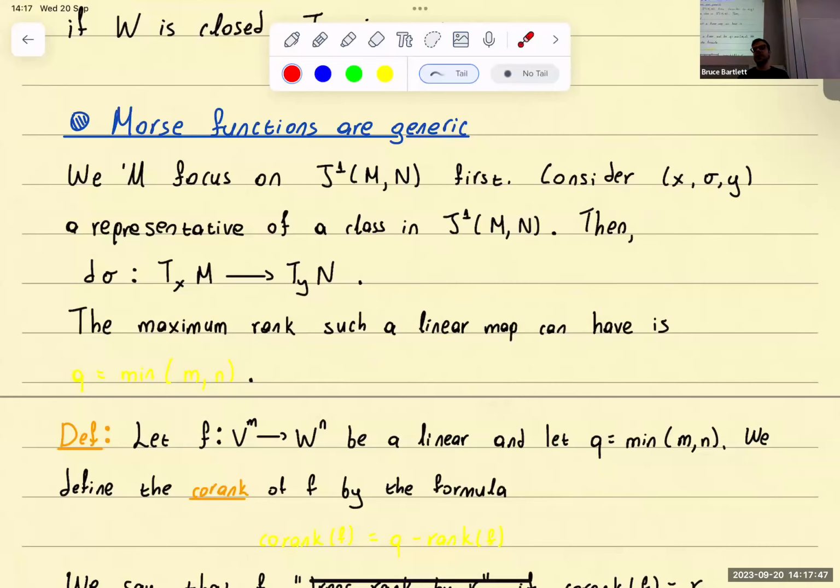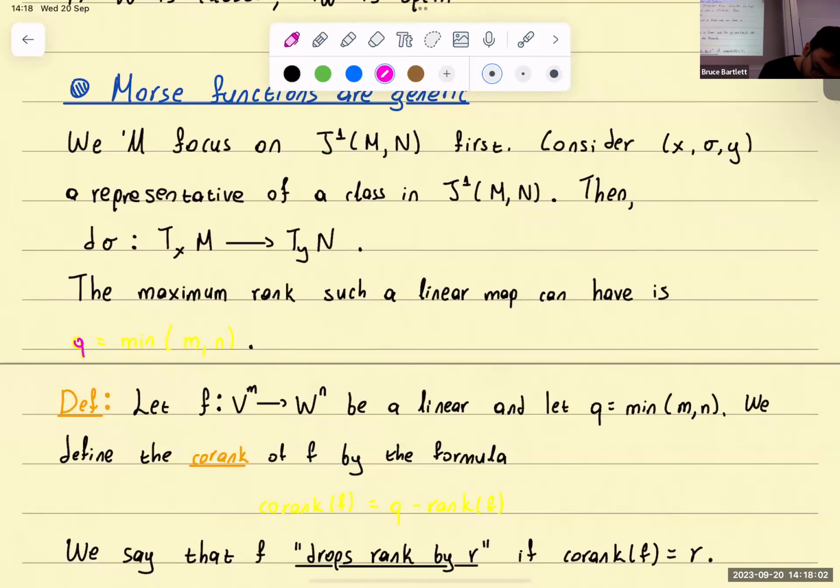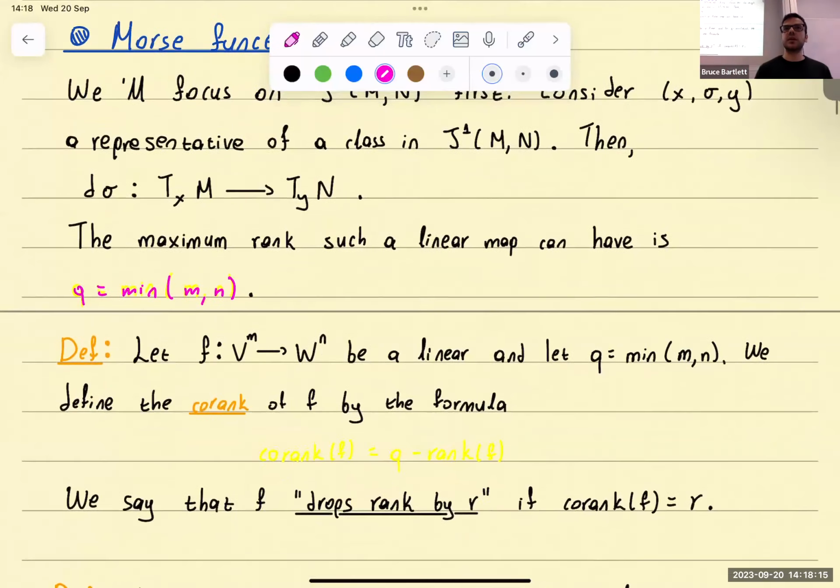In particular, between two vector spaces there is a maximum rank that a linear map can have, which is the min of m, n. The rank of a linear map cannot exceed the minimum of the dimensions of the vector spaces.